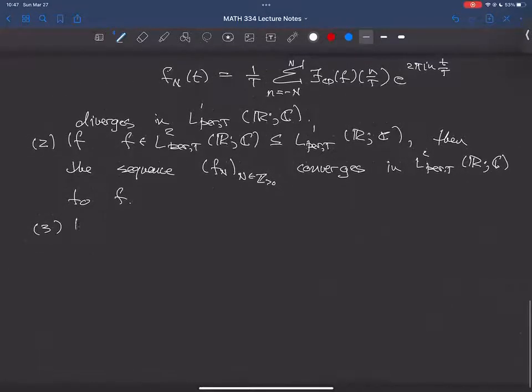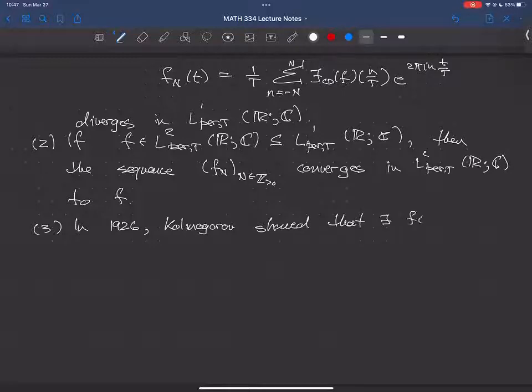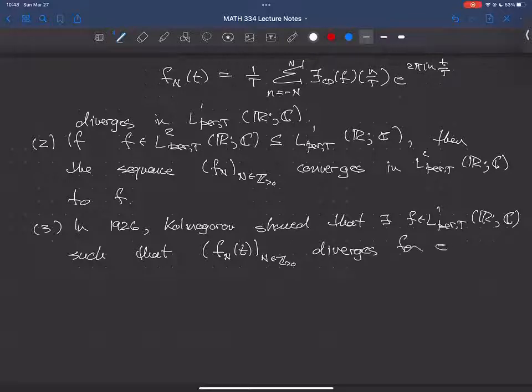So in 1926, Kolmogorov showed that there exists an F in L1 per such that this series F_N of t, where I'm now evaluating at some t, diverges or doesn't converge for every t in R. Of course, it's enough to check on a period, but if it's true in a period, it's true for every time.